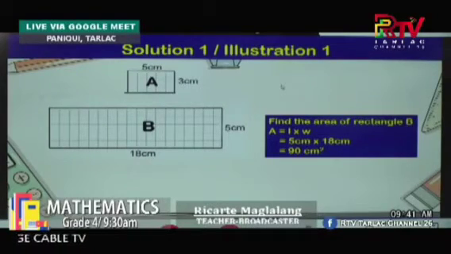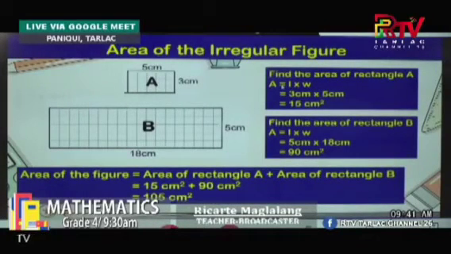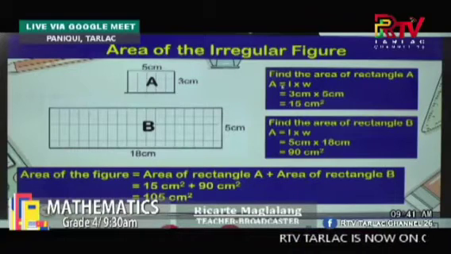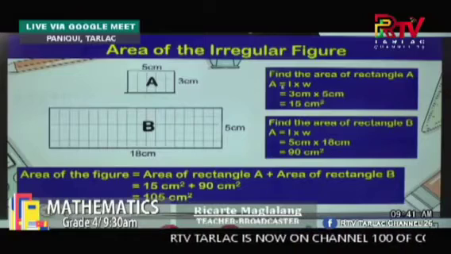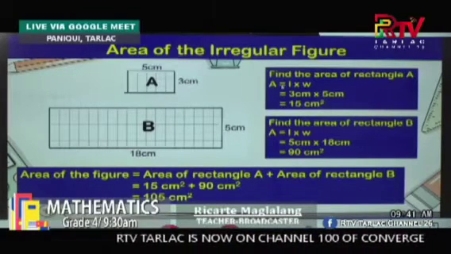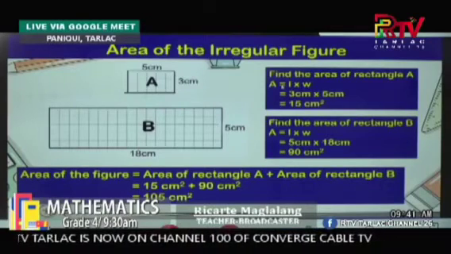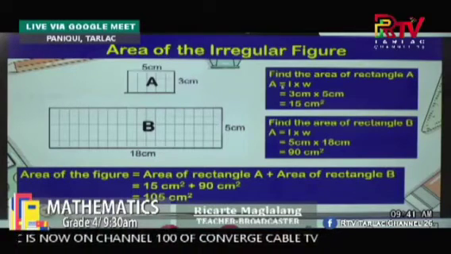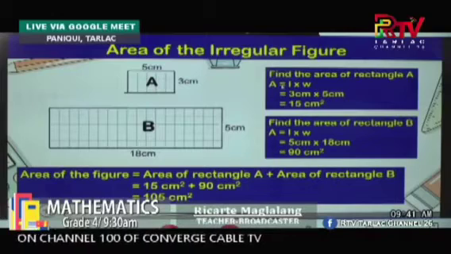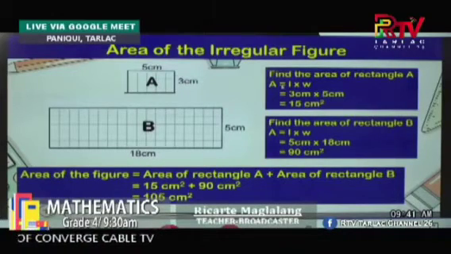And finally, step 3. Add the area of rectangle A with the area of rectangle B. So area of the irregular figure is equal to area of rectangle A plus area of rectangle B, where the area of rectangle A is equal to 15 square centimeters plus the area of rectangle B, which is equal to 90 square centimeters.